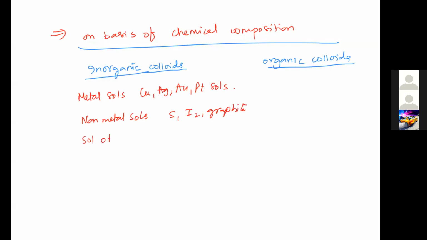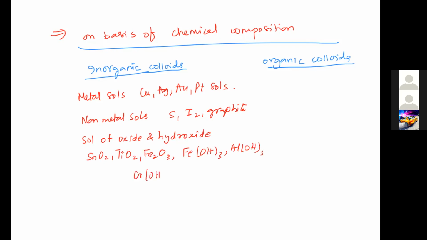Solution of oxide and hydroxide are SnO2, TiO2, Fe2O3, Fe(OH)3, Al(OH)3, chromium hydroxide.